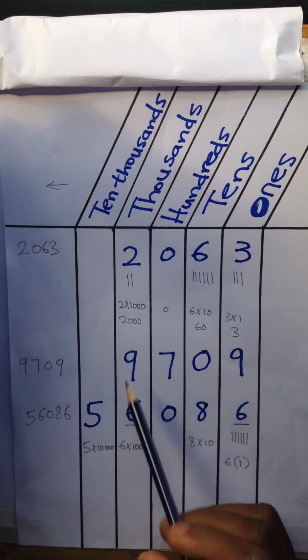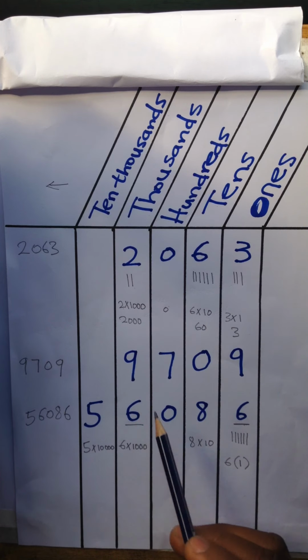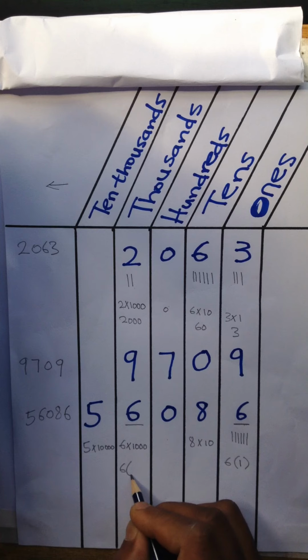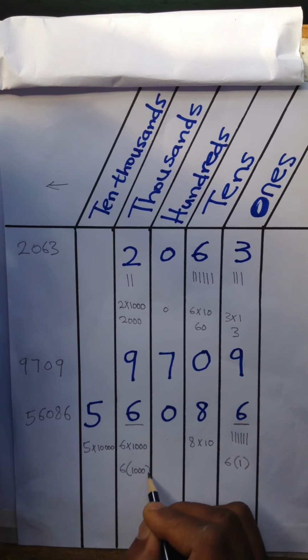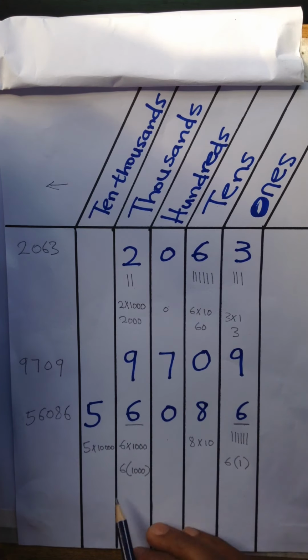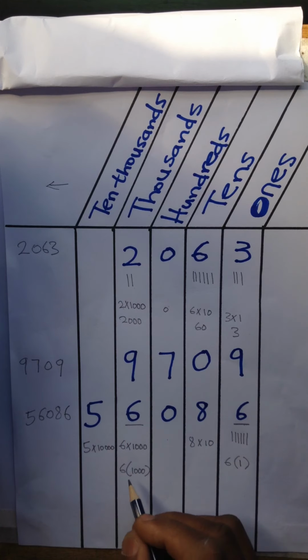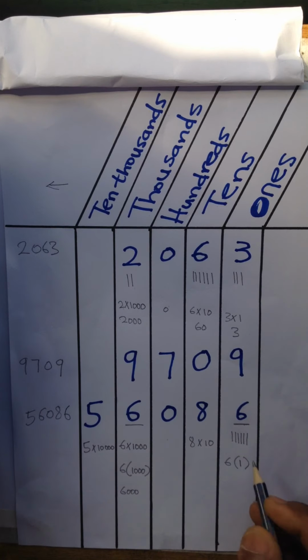But the second 6, which is in the thousands, means 6 thousands. So it has a totally different value. This one will be 6,000, while the other one will have a value of just 6. So place value is the value a digit has based on its position in a number. That's what a place value is.